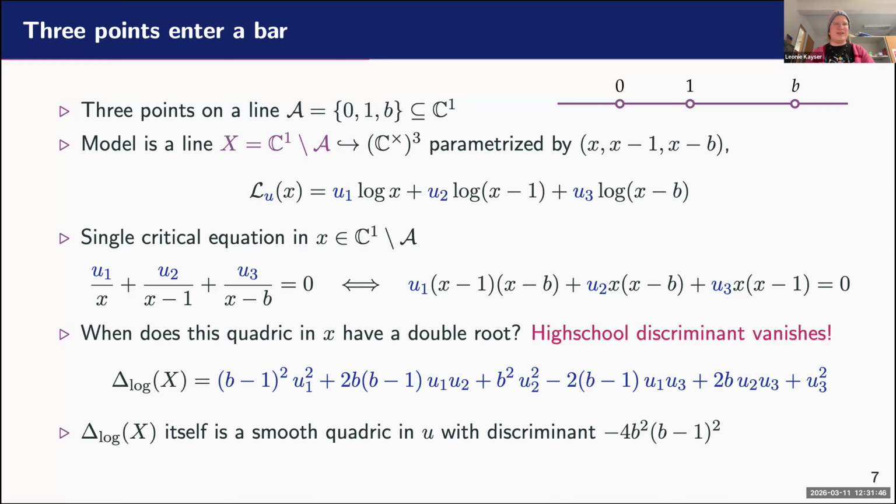And this is kind of a funny coincidence that here again, the logarithmic discriminant gives you a quadric, a smooth quadric, for which you sort of can see that if this vanishes, then the U's cannot be real. And we will later see that indeed for at least positive, they cannot be positive real. And indeed for positive data points, Vashenko's theorem essentially tells us that we do not have a degenerate critical point.